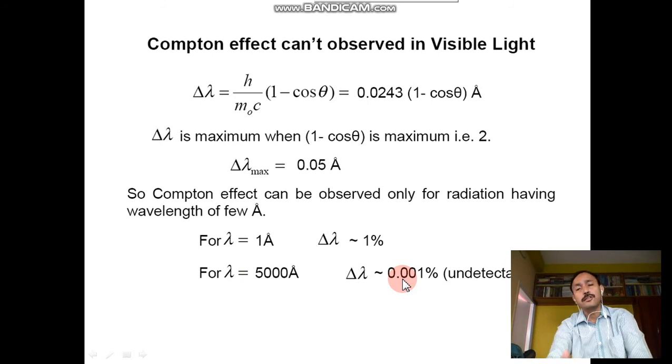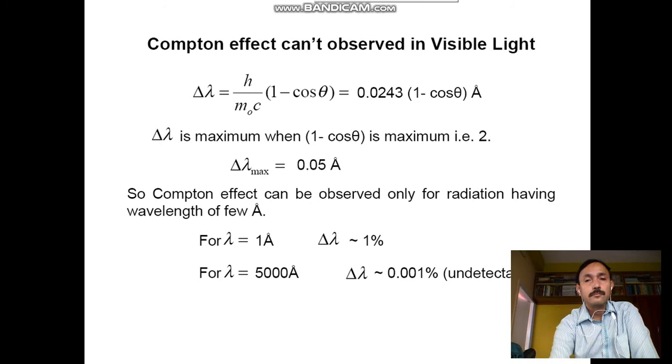So this change in delta lambda is undetectable. So that's why Compton effect is only visible with high frequency radiations like X-rays, gamma rays, etc. With visible light, it is not possible to produce.